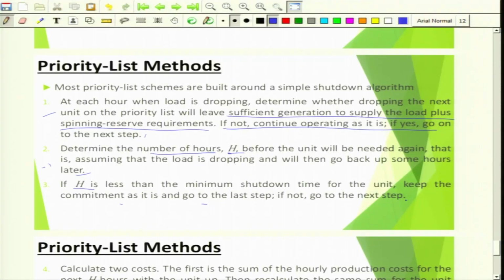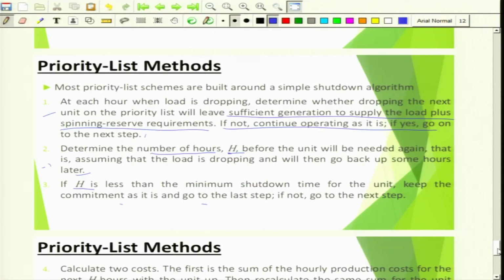So if the shutdown time is more compared to the number of hours before which it is required on the system, then you cannot meet the load demand because it requires more time to bring it on. Then you had better continue to operate. Otherwise you have another option, you can cut down the load, but that is not good. So you cannot cut down the load. The first priority is to meet the load requirement.